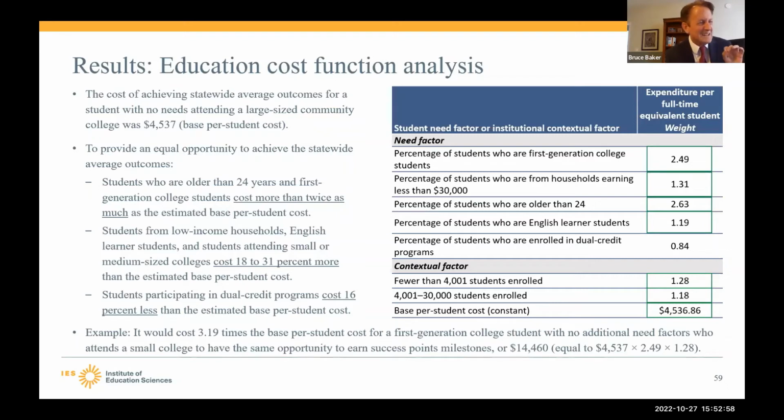It would cost 3.19 times the base per student cost for a first-gen college student with no additional need factors who attends a small college to have the same opportunity to earn success points milestones as that minimum need student in a large college. For this first-gen student with no additional needs at a small college, the cost is $14,460. So it multiplies pretty quickly, and every institution across the state has some degree of additional needs.